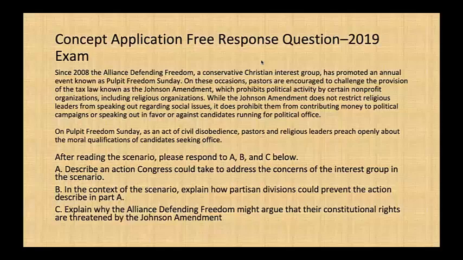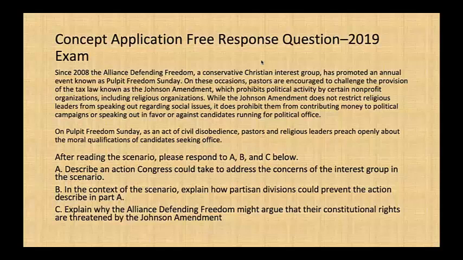In this case, the question is about the Alliance Defending Freedom and the Johnson Amendment, which prohibits religious leaders from certain kinds of political activity, endorsing particular candidates, contributing to political campaigns.